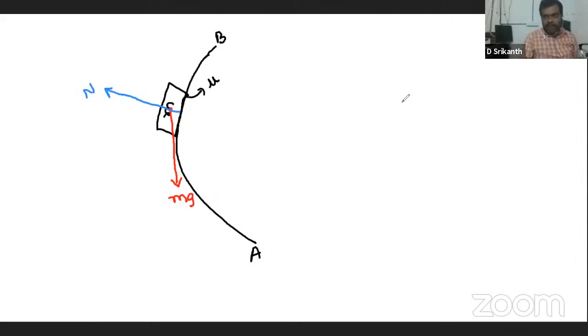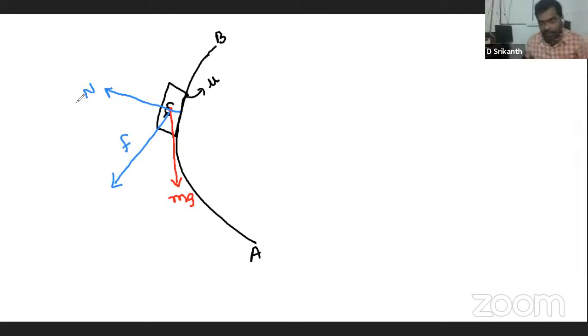Observe carefully. Here the object is moving towards B, so applied force will be towards B. Applied force or motion of the object is towards B, so a frictional force will act in this direction, right?